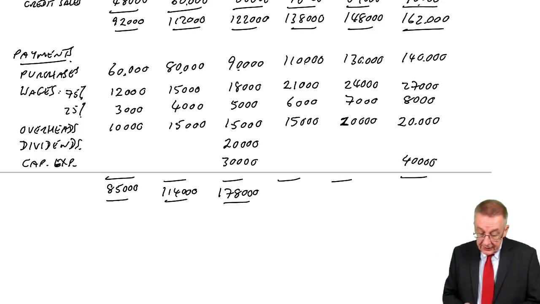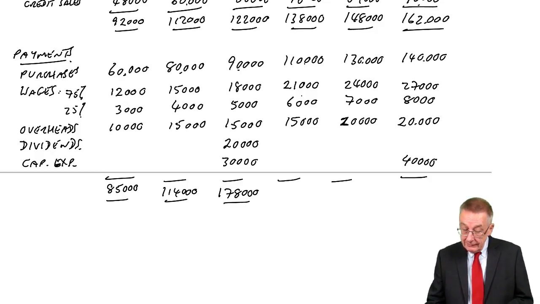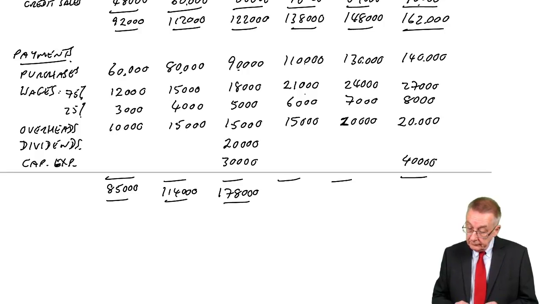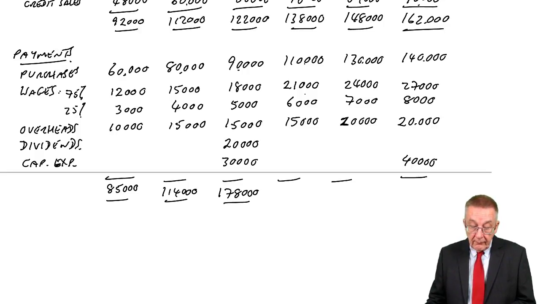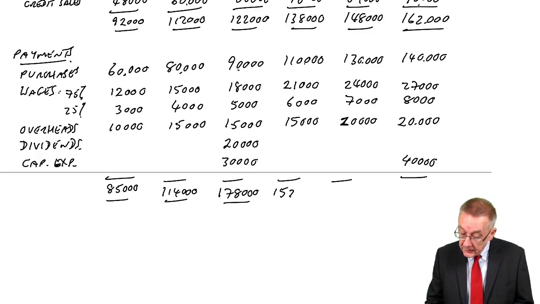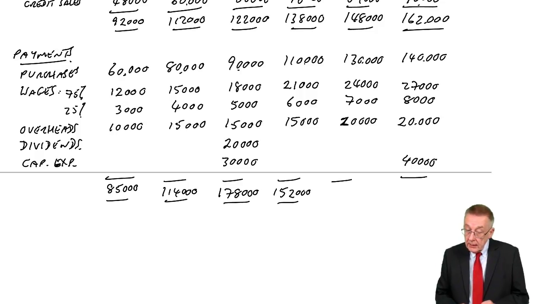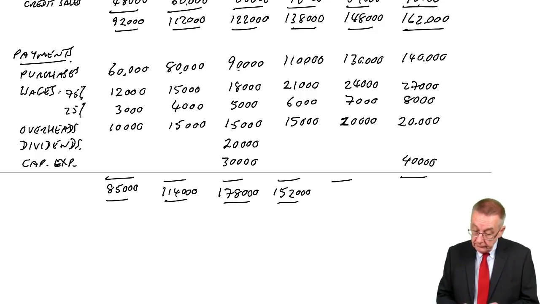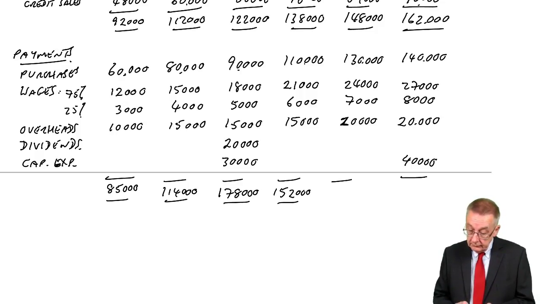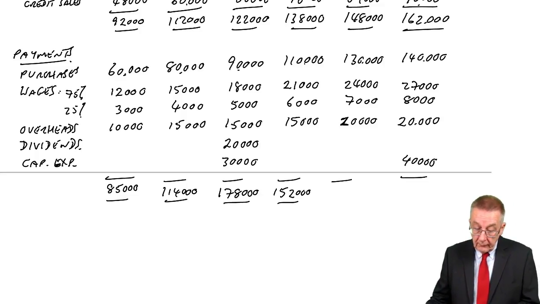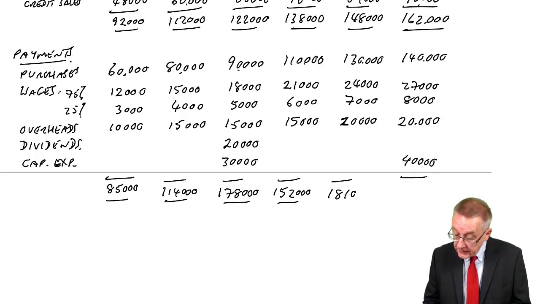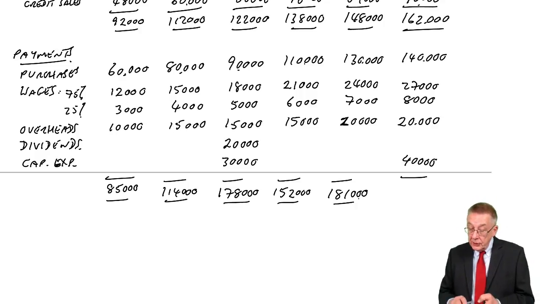In April, 110, 131. Oh dear. 152,000. May. 181,000. And finally June.